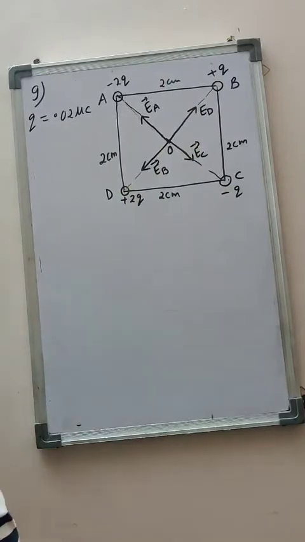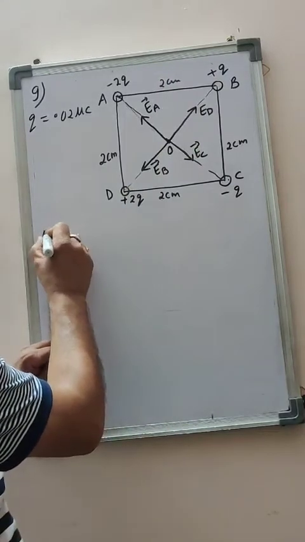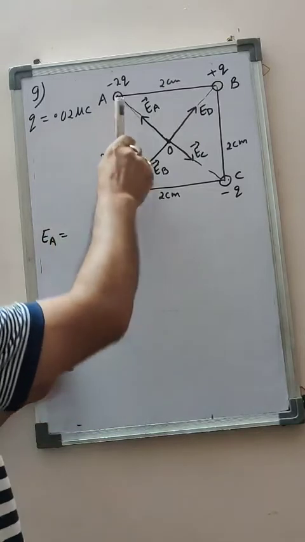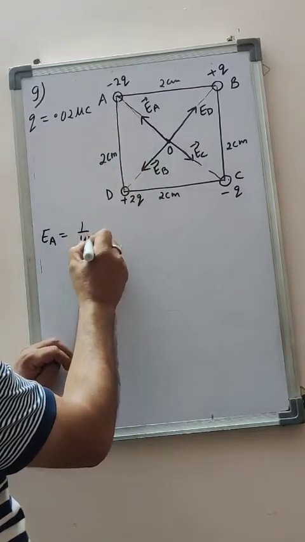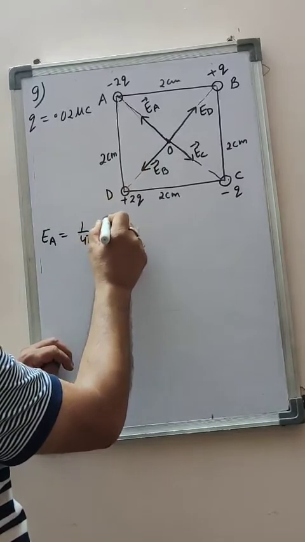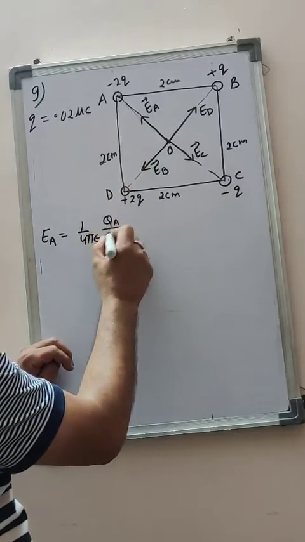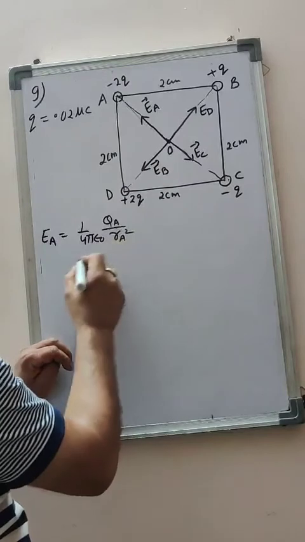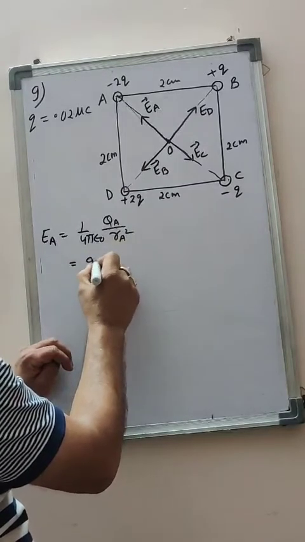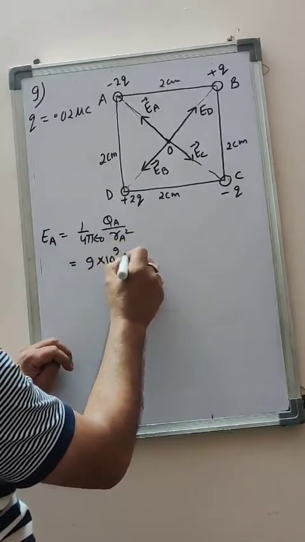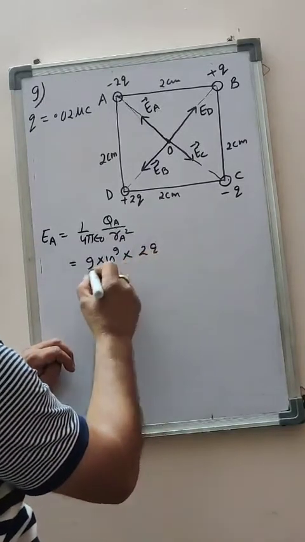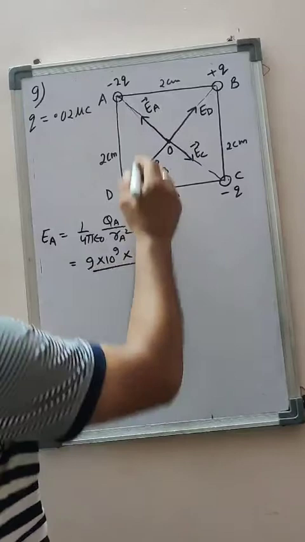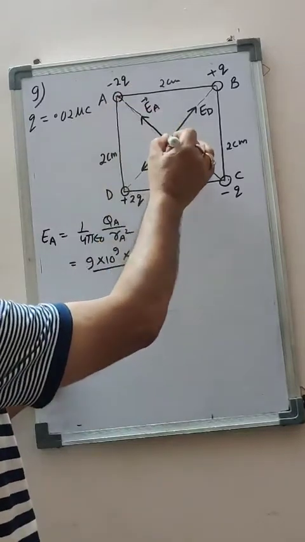Find the value of each field. EA is 1 by 4 pi epsilon naught, QA upon RA square. That is 9 into 10 to the power 9, QA is 2Q, and for the distance you have to take this one.